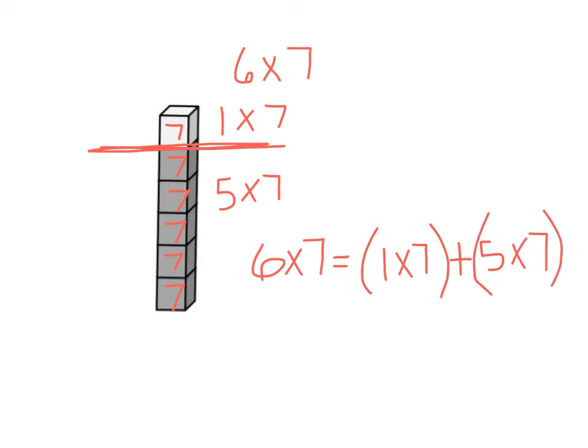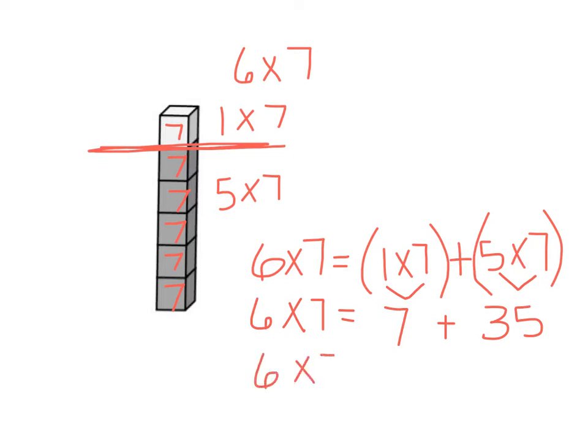When you use the distributive property, you want to use one of the units, you want to break it up into a 5 because it's easy to multiply by 5s. So in this case, I would say 6 times 7 equals 1 times 7 is 7, and 5 times 7 is 35. 6 times 7 equals 35 plus 7 is 42. So I know that 6 times 7 equals 42.